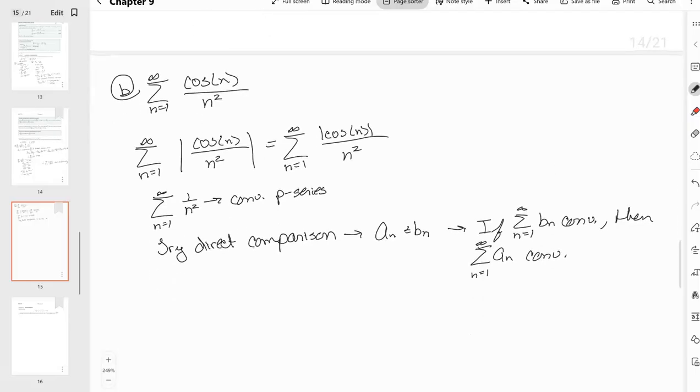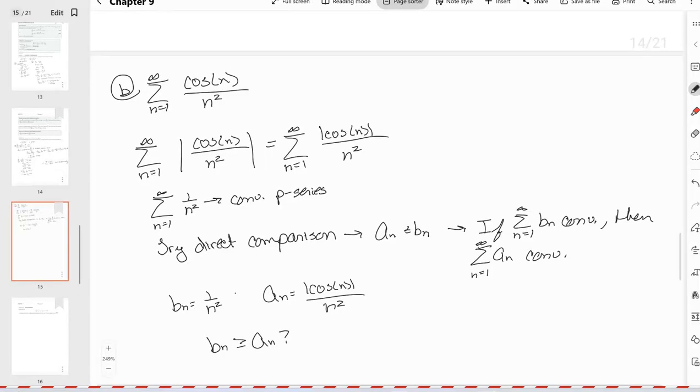So the question is, if my b sub n is 1 over n squared, is the original sequence, absolute value cosine of n over n squared, less than that? So are my b values bigger than my a values? We're going to use Excel to help figure that out again.